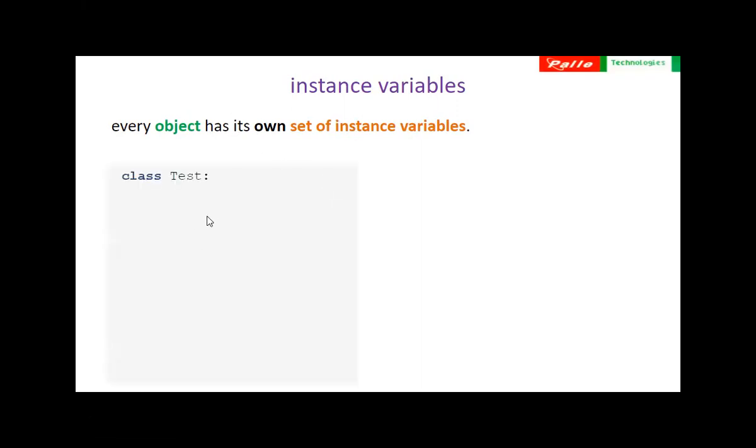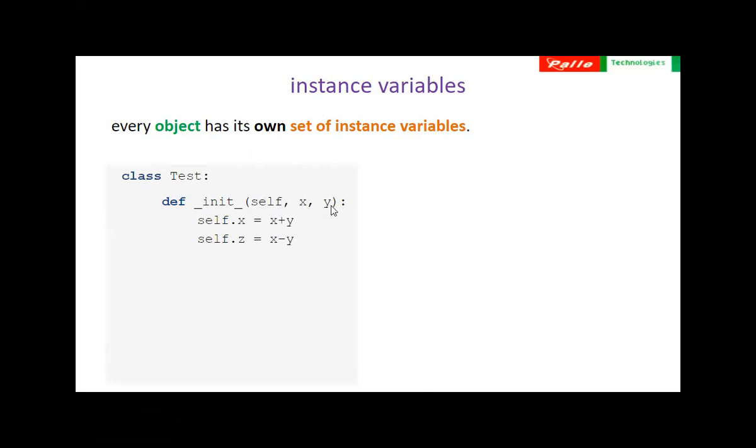Now I have created a class called test. Inside this class, I am creating an init method. Inside this init method, how many variables do I have? Four. What is this x?